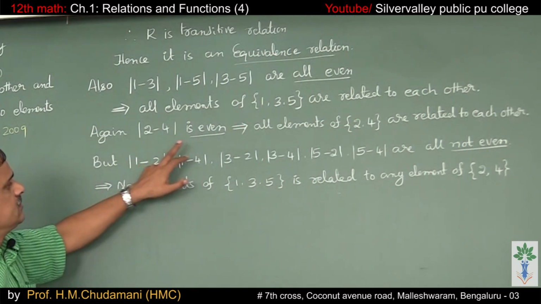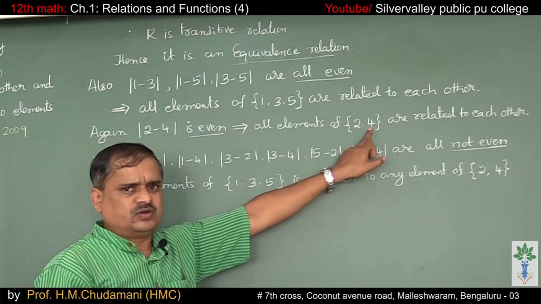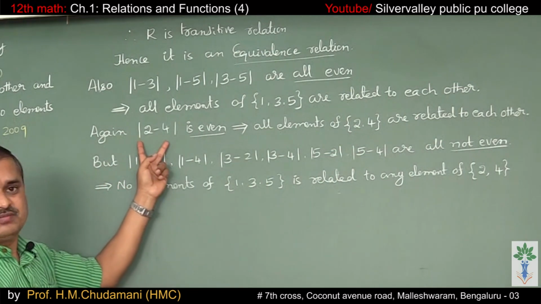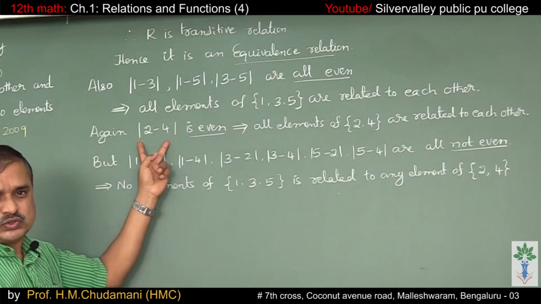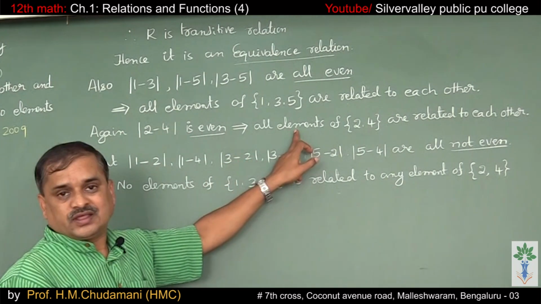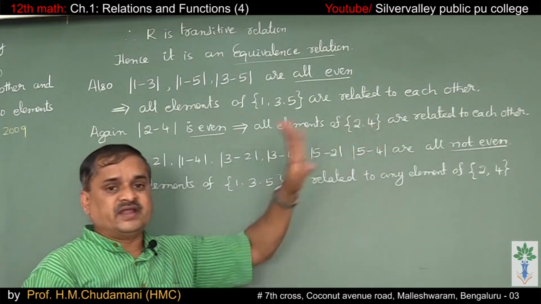Again, in the set {2, 4}, 2 minus 4, or else you can take 4 minus 2, both are one and the same, which is equal to 2, an even number. This means all the elements of the set {2, 4} are related to each other.